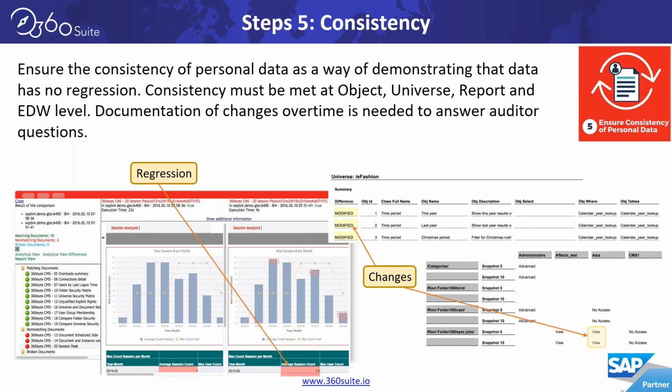And this will have an impact on the personal data that users are able to see. So we have a solution which allows you to see the regression in your reports. For instance, you could decide to run an extract of some of your reports which you know contain personal data.